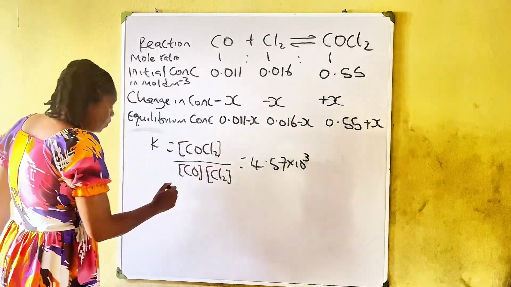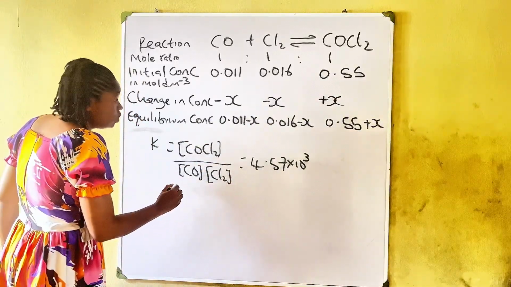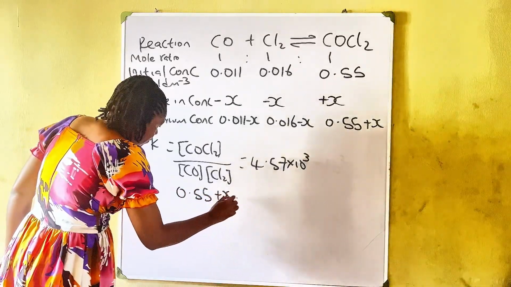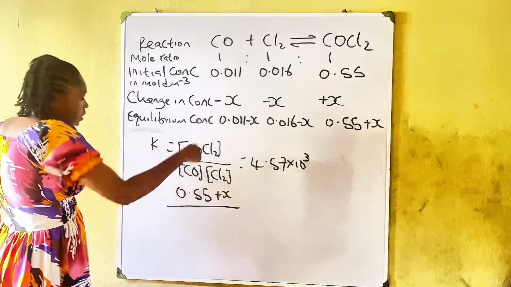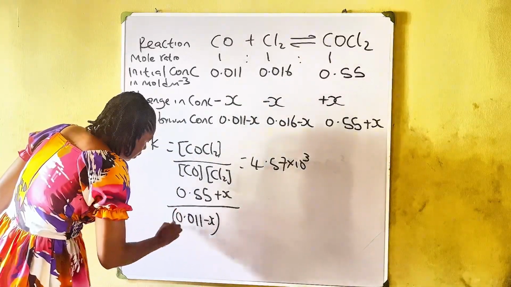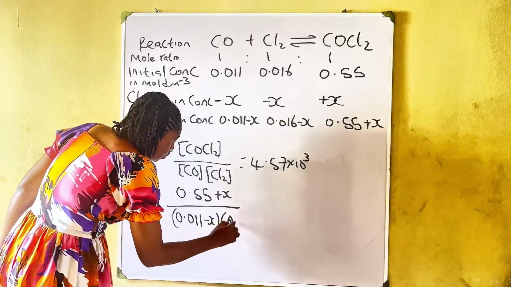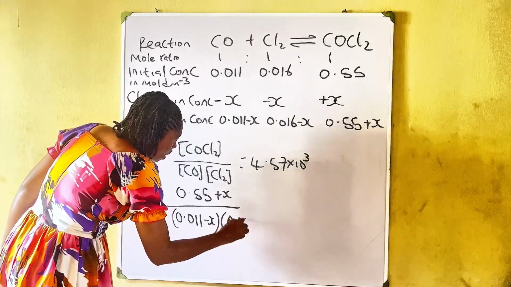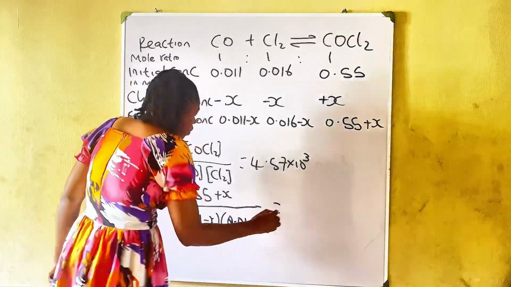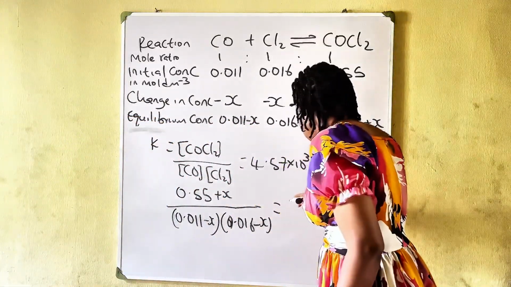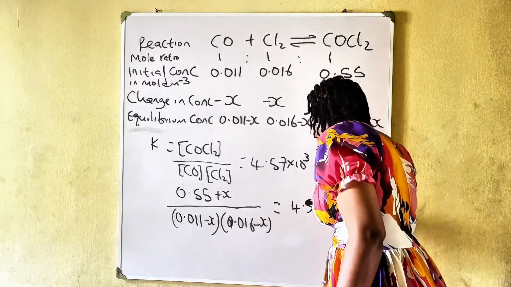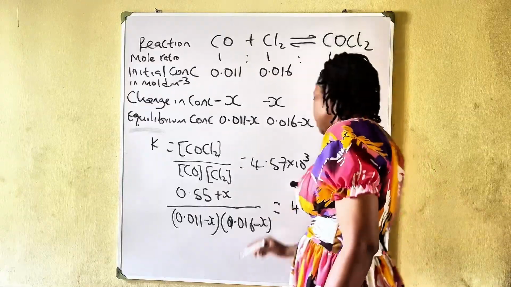The one of COCl2 is 0.55 plus S. The one of CO is 0.011 minus S, times chlorine, 0.016 minus S. So it equals 4.57 times 10 raised to the power 3.